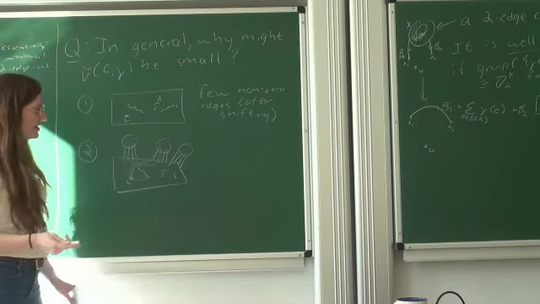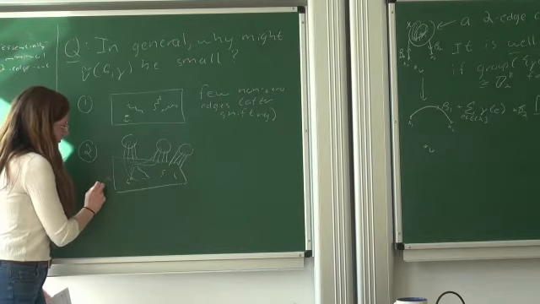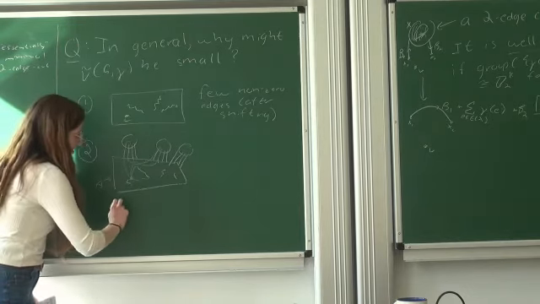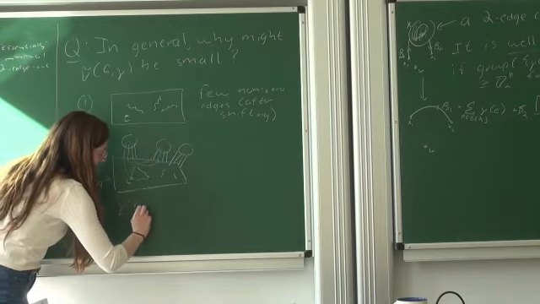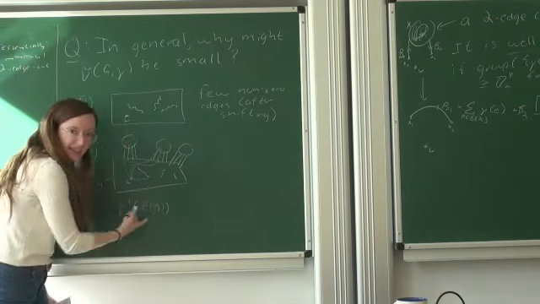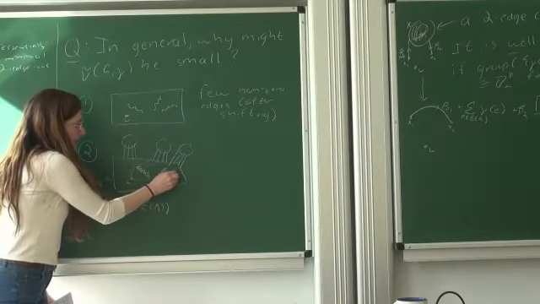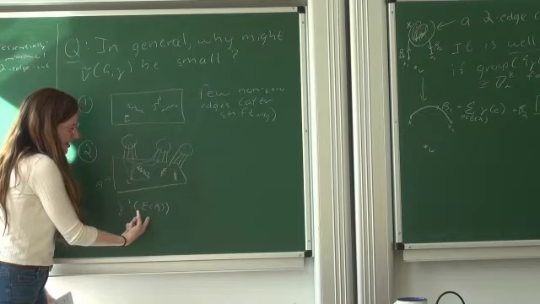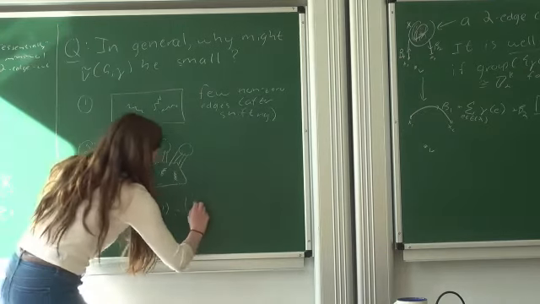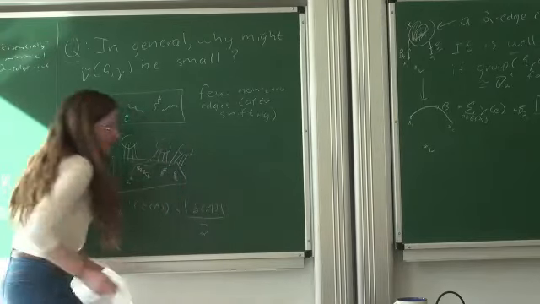And so the point is that no matter what, if I call this set A, now I have an upper bound, which is the number of non-zero arcs with both ends in A, plus the size of the boundary over 2. Now, this is my upper bound.